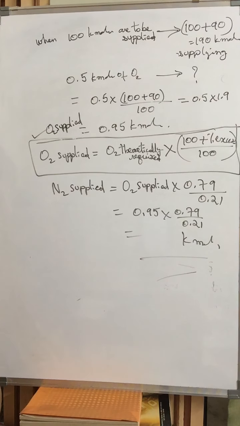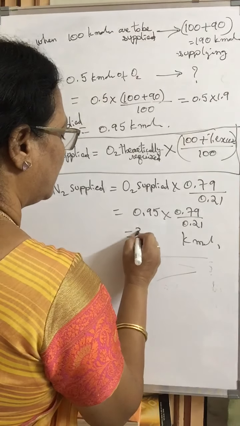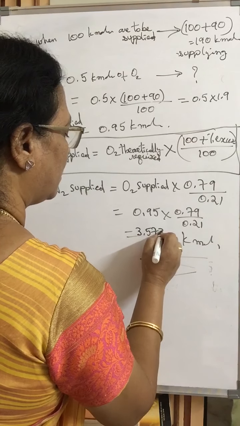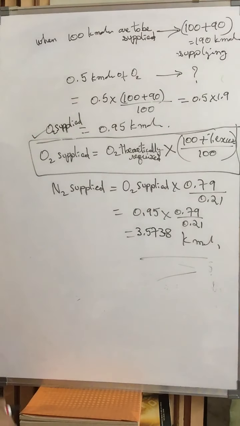This is 3.5738 kilomoles. So this much nitrogen is supplied.